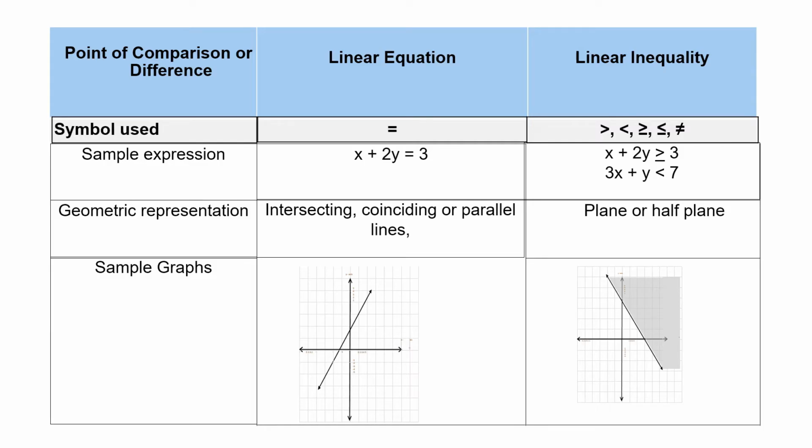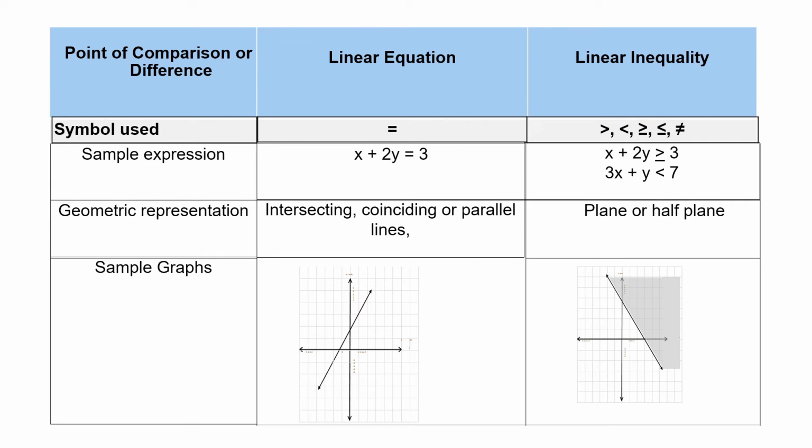Okay, so tingnan natin ang pagkakaiba ng linear equation sa linear inequality. In terms of symbol used, so kagaya ng sinabi ko kanina or nakita nyo, sa linear equation ay ginagamit ang equal sign, while sa linear inequality ginagamit ang mga symbols na greater than, less than, greater than or equal to, less than or equal to, and not equal.